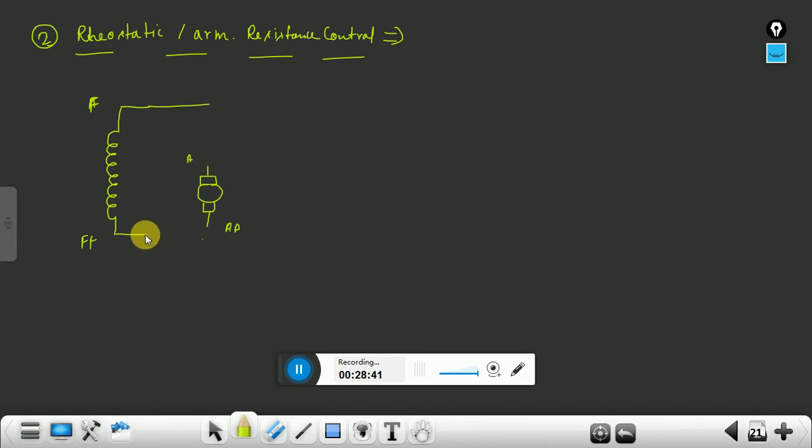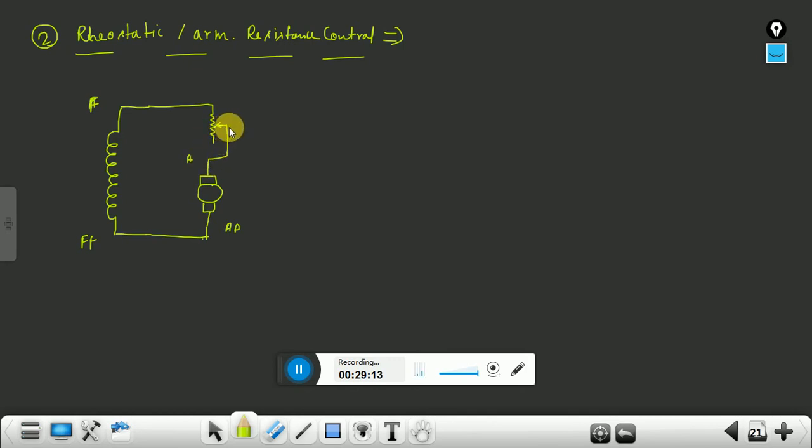Okay, so this F and double A are shorted here, and next this is a rheostat. Okay, this is your rheostat, connected in series with this armature.